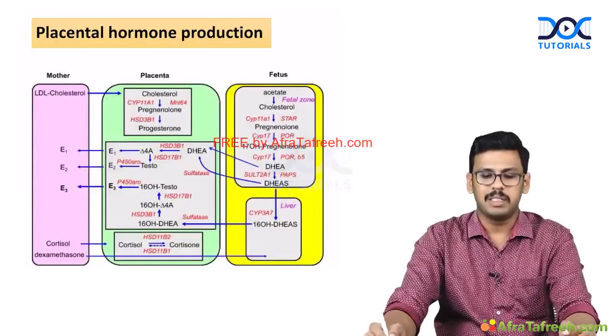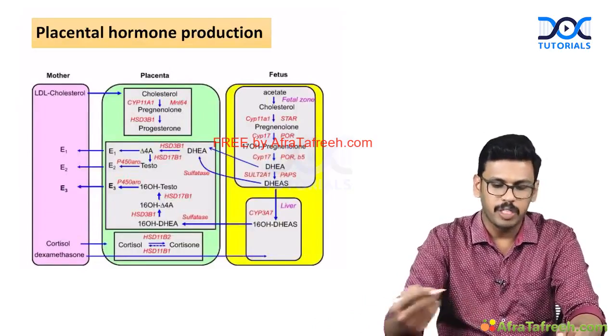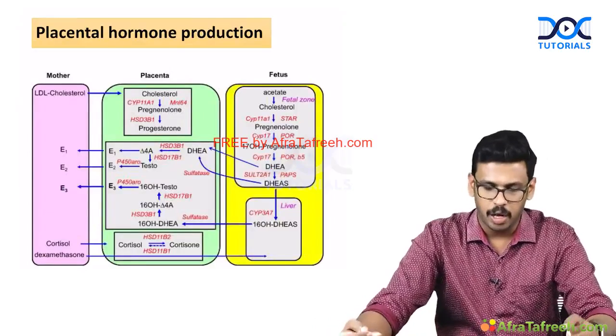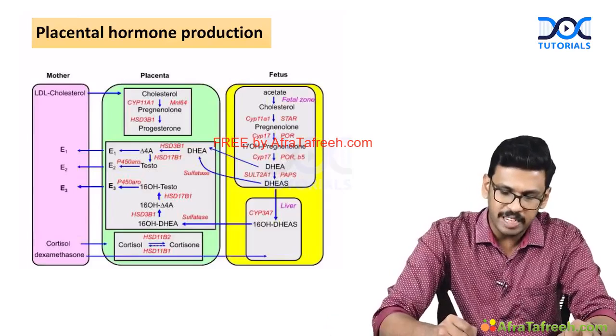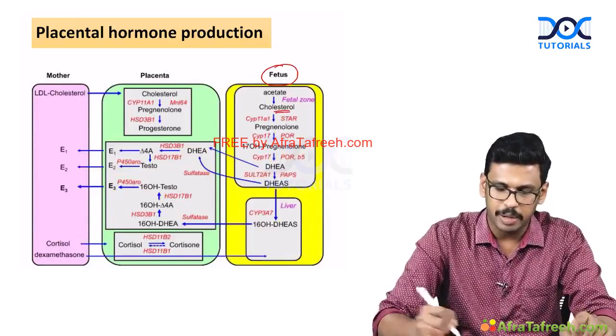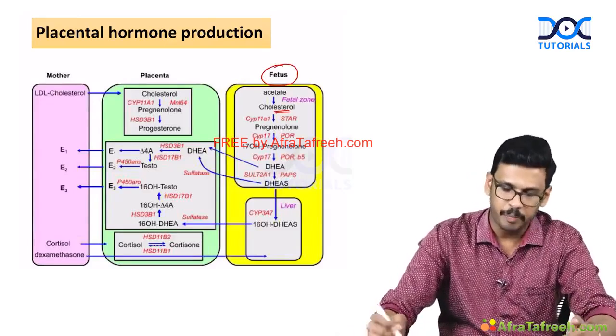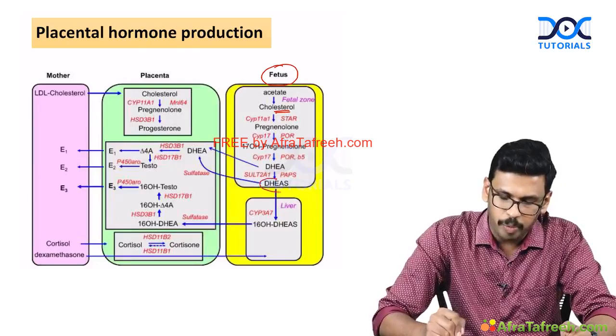Now coming to placental hormone production, we have learned about all these processes during my adrenal module. So in the fetal adrenal, you can see here the cholesterol is the precursor. By the series of reactions that we have already learned, DHEAS will be formed.